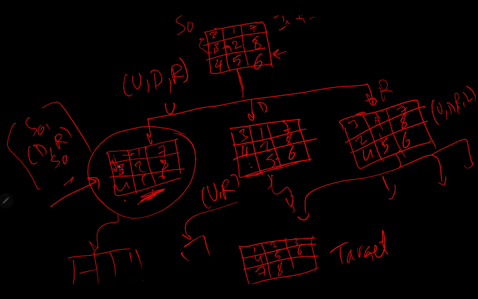You will come again to the initial state. So this should be taken into account. We try to avoid such kind of repeating states. If you take this blank down, the 3 will go up, and we will come again to the initial state.